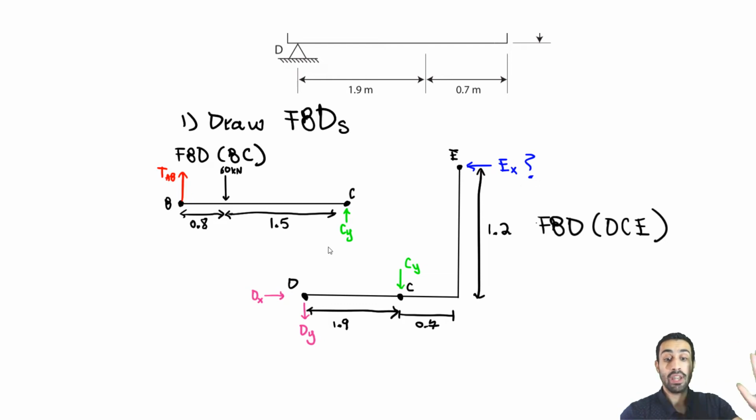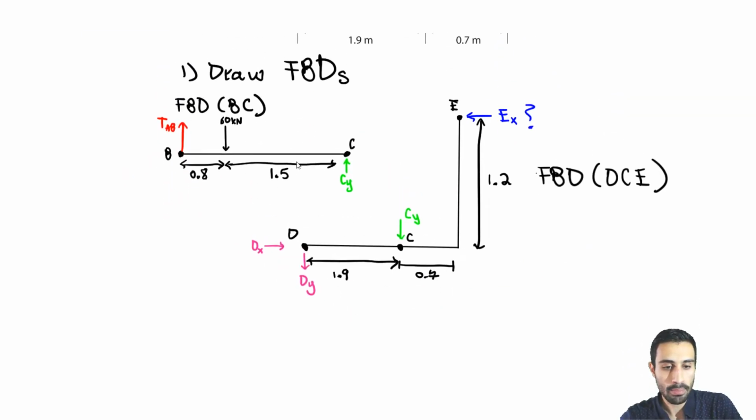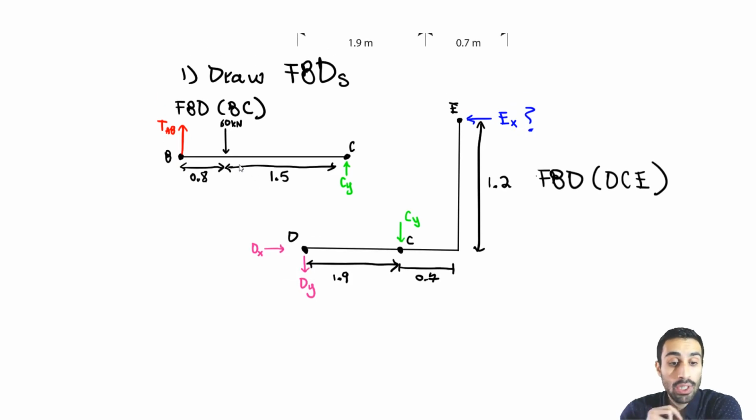So now with the right free body diagrams drawn, we can apply the equations of equilibrium. We're going to start with this free body diagram, then go to this one. So let's focus on free body diagram BC. What we can do first is solve for the reaction at C, that CY reaction. If we can find the CY reaction, we can use it because it's going to be the same as this one.